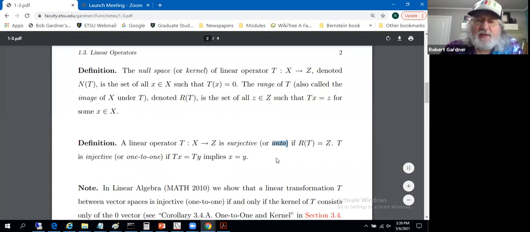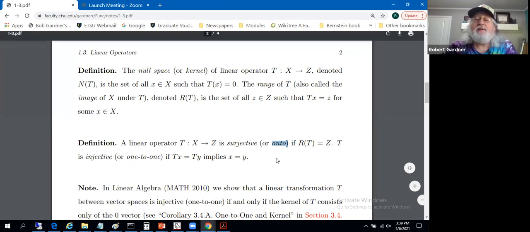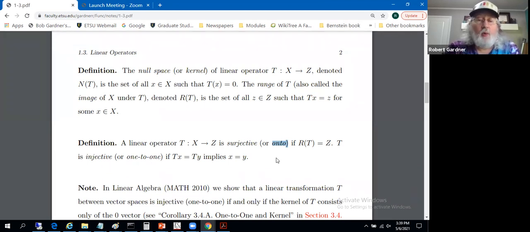Your senior level analysis class and your graduate level analysis class, you probably talk more about one-to-one and onto than you did surjective and injective. Your graduate algebra class or your senior level algebra class, you probably taught more surjective and injective than you did one-to-one and onto. Anyhow, surjective or onto, I'll use those somewhat interchangeably. I lean towards onto, given more of an analysis background than an algebra background.